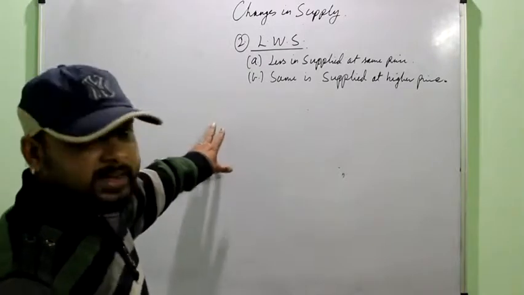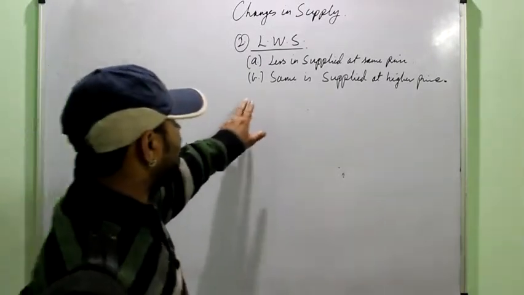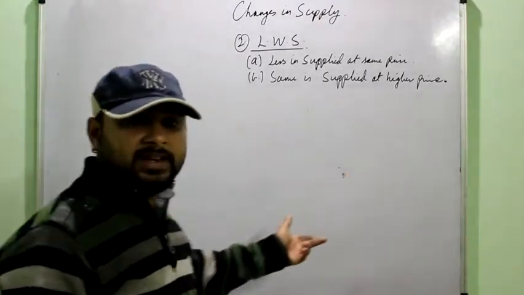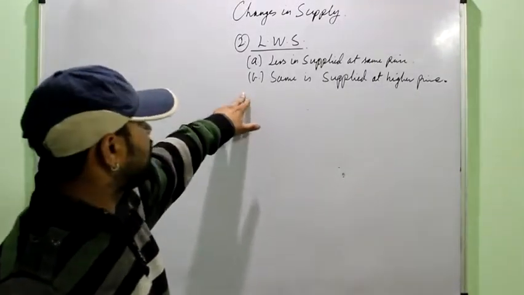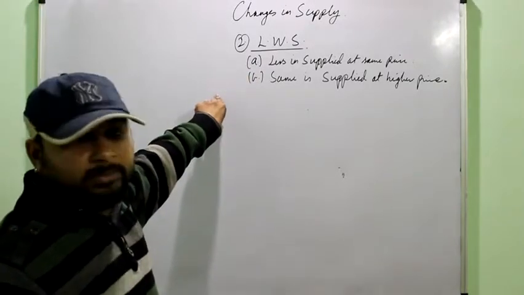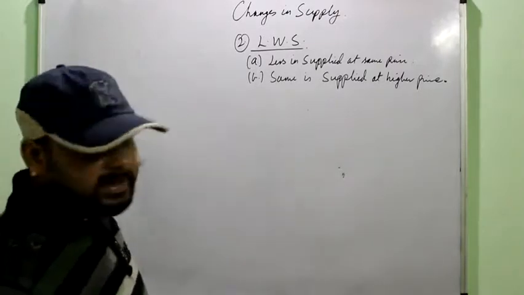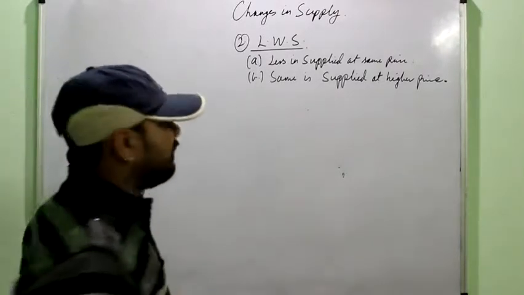So just the opposite of the rightward shift, when less is supplied at the given same price and the same is supplied even when the price is rising. So what is the second situation? Again, first one is easy to understand. It shows that though the price of the commodity has increased, the seller is not willing to supply more. So maybe due to the negative changes in the other factors.